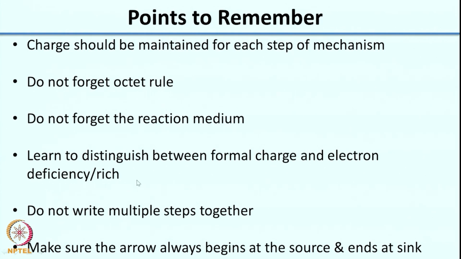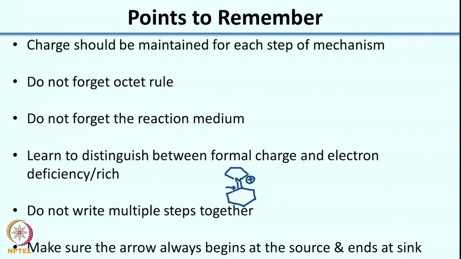And learn to distinguish between formal charge and electron deficiency. So if you see in the earlier example that we had done, you had a charged species, but the electron deficient center was the carbon next to the nitrogen.